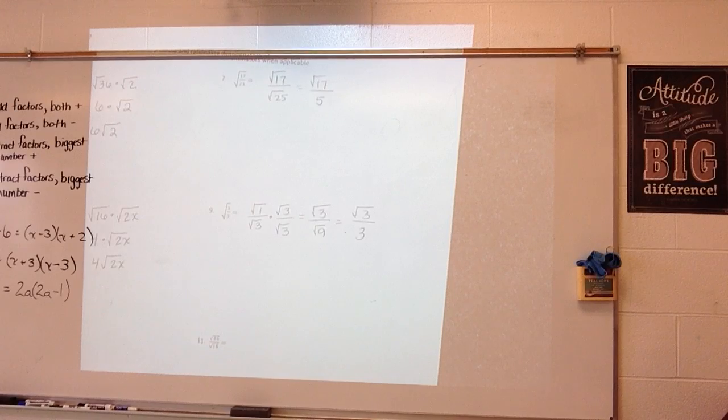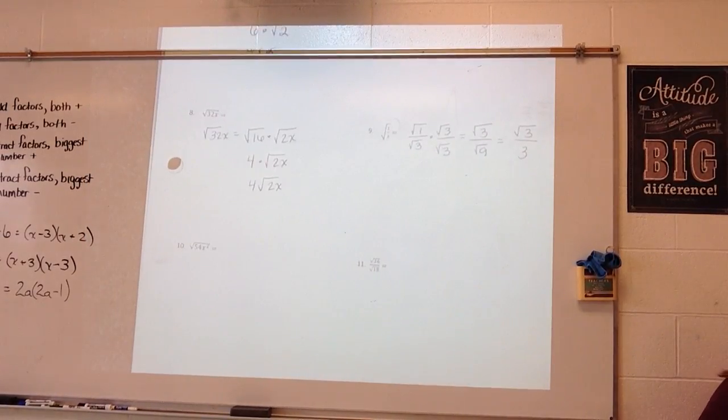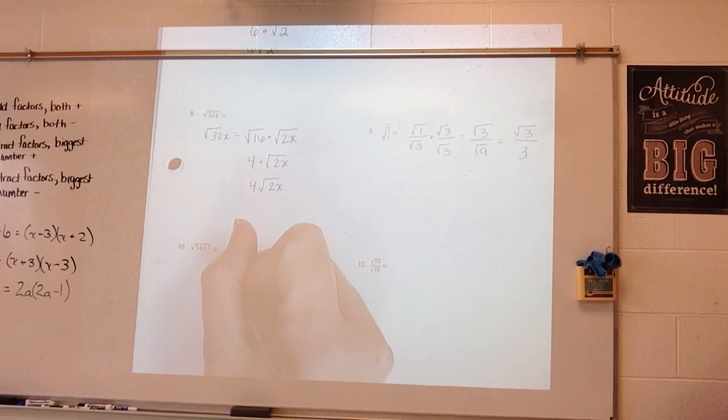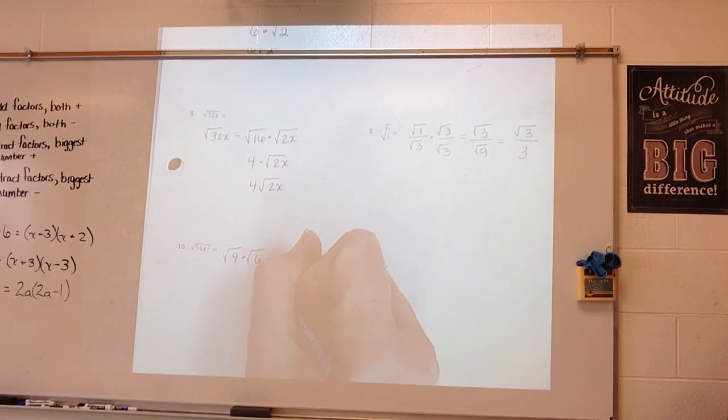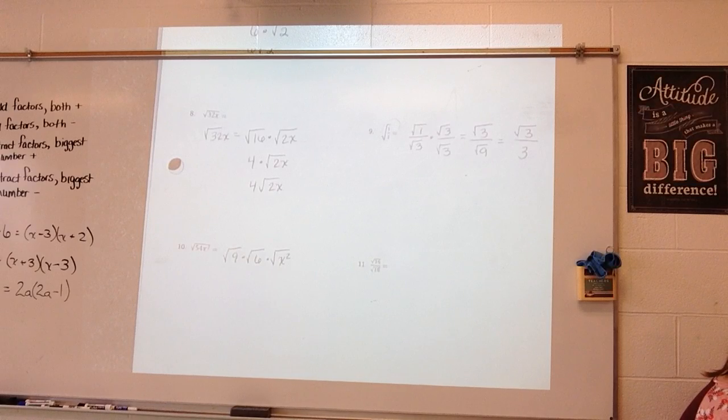Okay. Alright, let's look at number 10. The square root of 54x squared. With this one, I can break it up. I'm going to go ahead and break 54 up. I can break that into the square root of 9 times the square root of 6 times the square root of x squared. Now let's reduce this as much as I can.